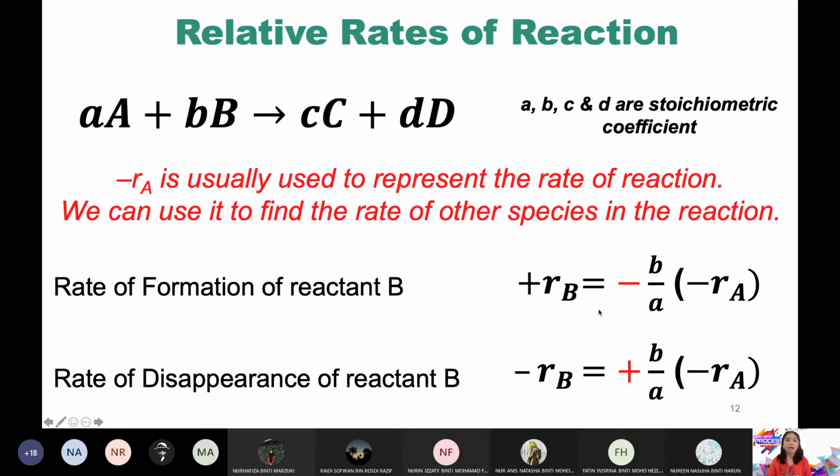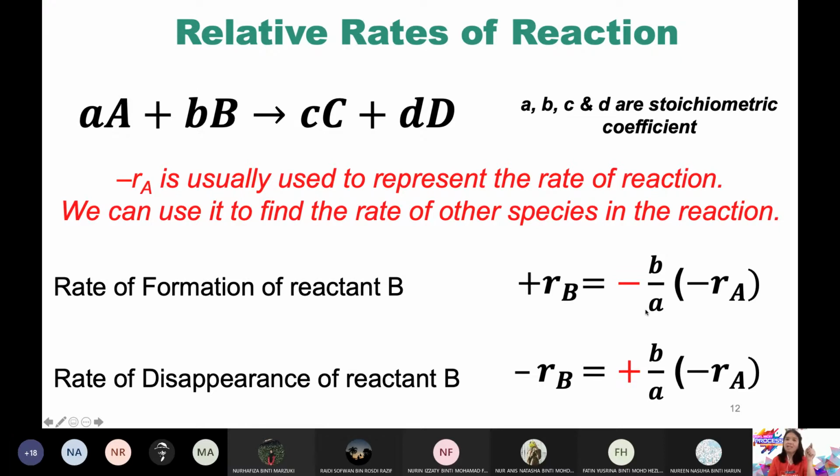Maksudnya, if I want to calculate the rate of formation of B, positive RB, then you check in the equation, in this chemical reaction, B has disappeared. I want to find formation rate, but B has disappeared because B is a reactant. It does not agree to one another.